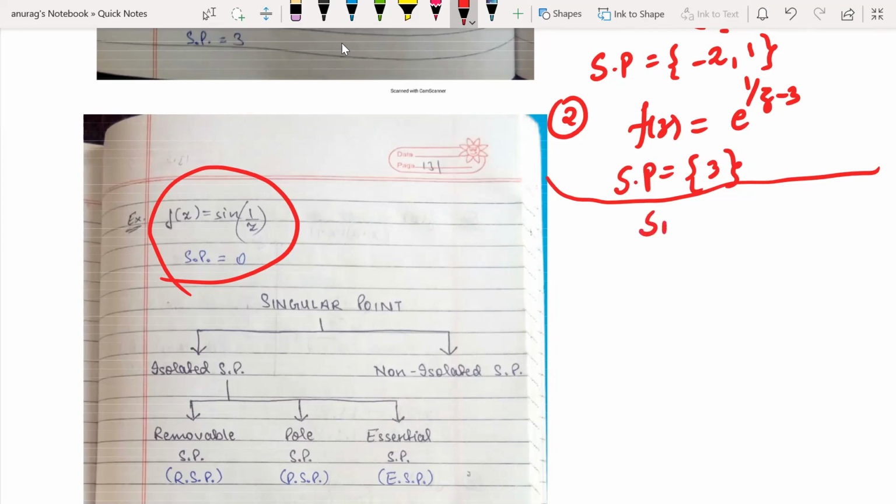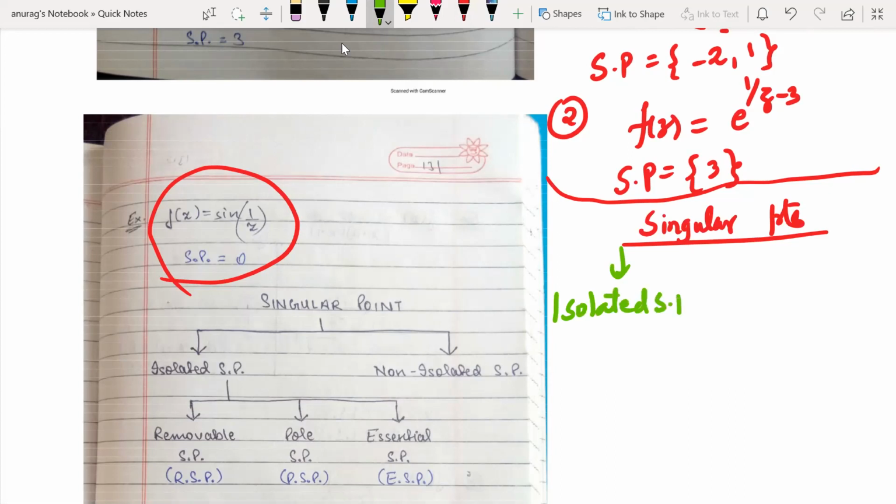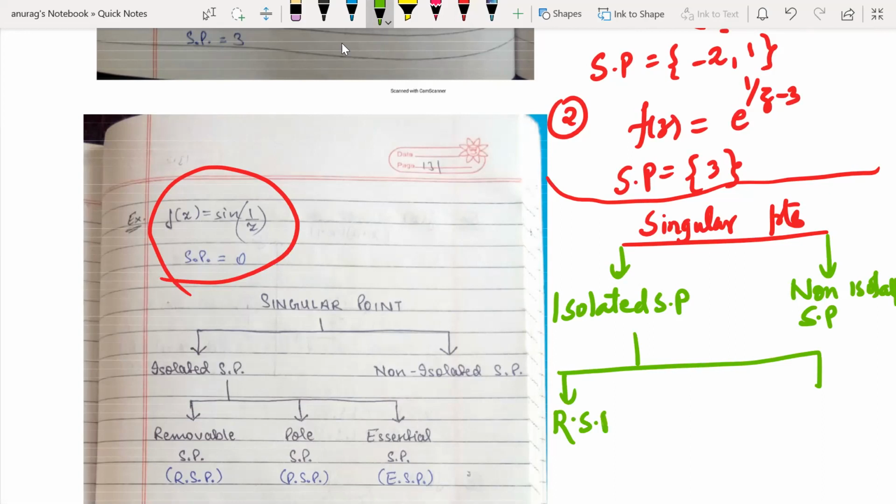Singular points can be classified in two categories. First is the isolated singular point, and second is the non-isolated singular point. The isolated singular point is again classified in three cases: removable singular point, RSP, pole singular point, and essential singular point.